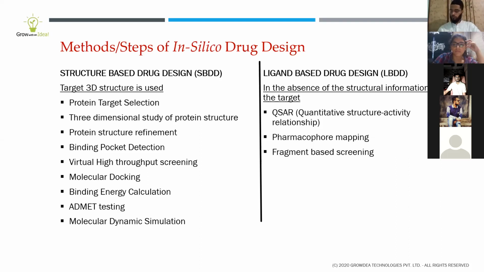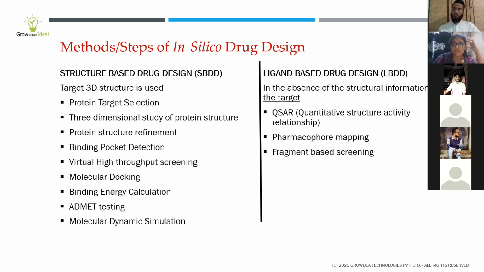So that's why we also have ligand-based drug designing, where we don't need the structure of the protein we are targeting, but what we need is a set of molecules that have already shown some activity for that particular protein.